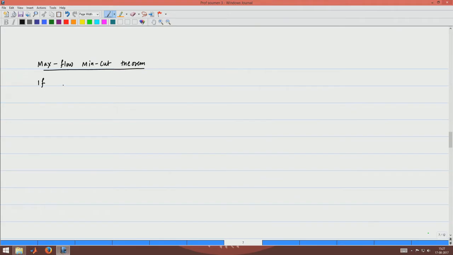If f is a flow in a flow network G with source S and sink T, then the following are equivalent.